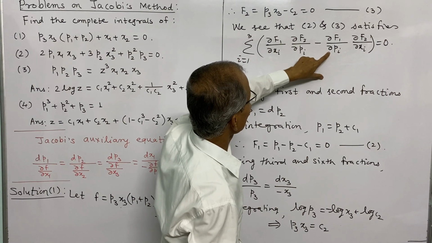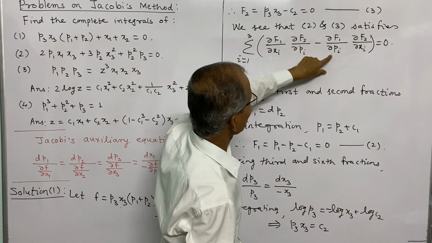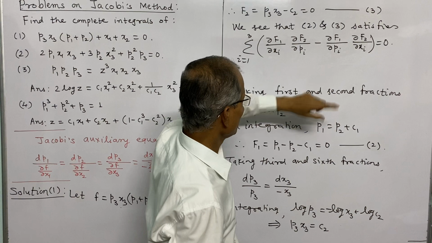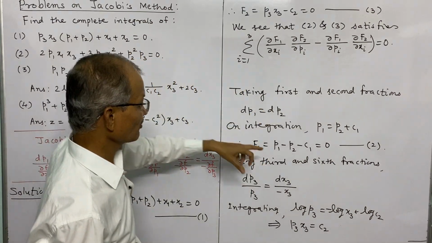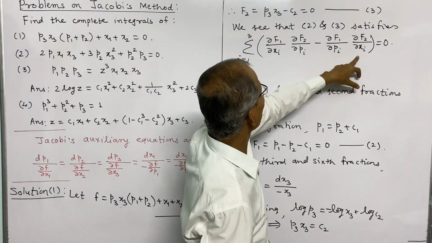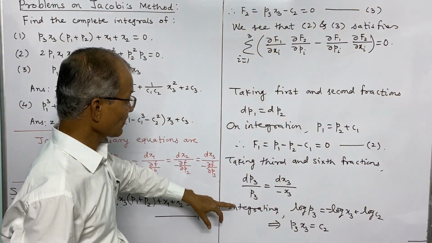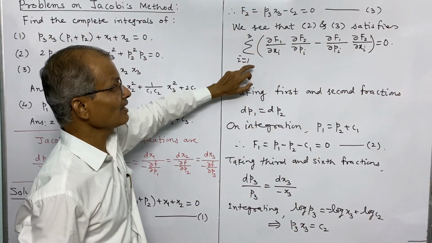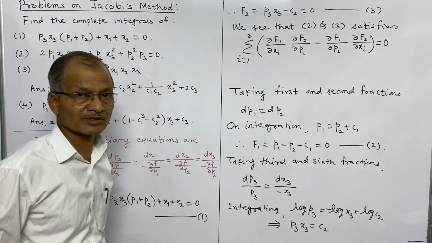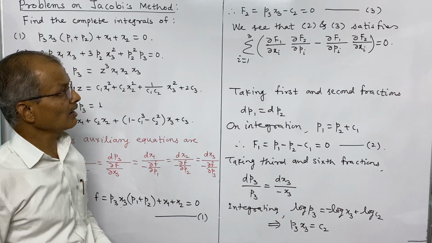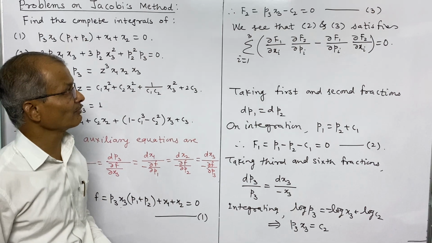And what is the derivative of F1 with respect to p3? That is 0. 0 into p3 is 0. So thus these two functions F1 and F2 satisfy this last equation, equation number 11 that we have written in Jacobi's method.